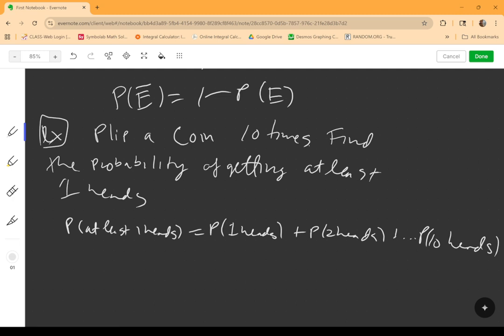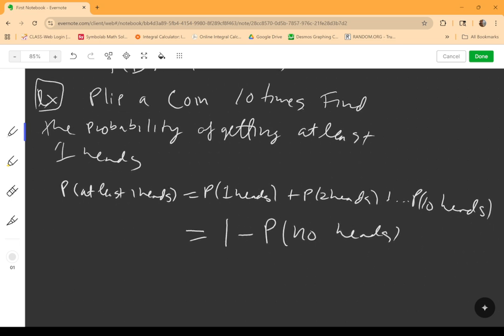But if we instead think of a complement, either you have at least one head or you have no heads, and that is much easier to calculate. That can happen in exactly one way: a string of 10 tails. So alternatively, you could say 1 minus the probability of no heads.